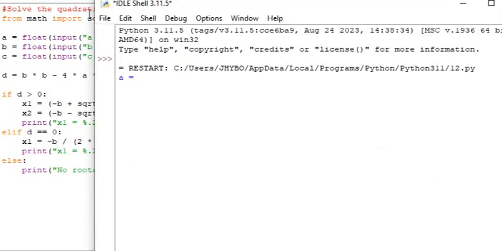If we input the value of a to be 2, the value of b to be minus 7, and c to be 12, what is going to be our result? It has no roots.